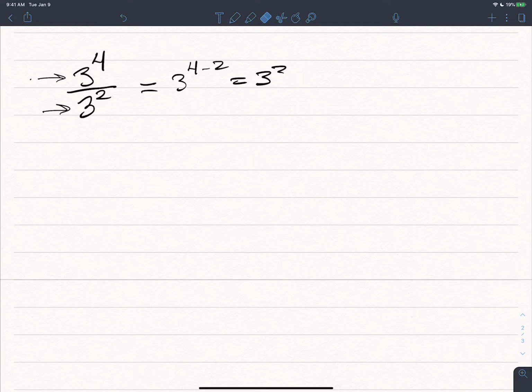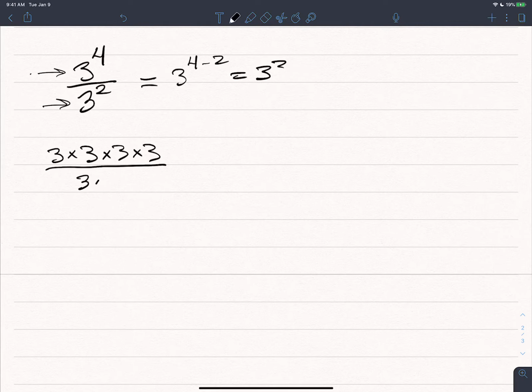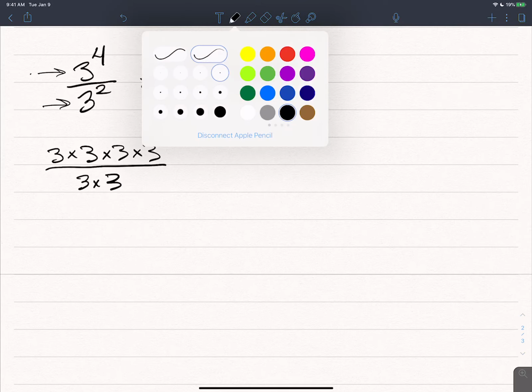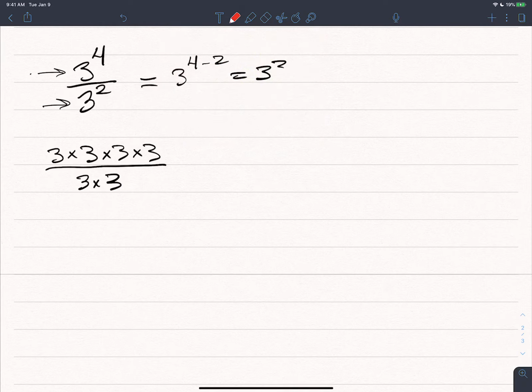Let's see if we wrote it all the way out. 3 to the 4th would be 3 times 3 times 3 times 3, divided by 3 squared, which is 3 times 3. Now it's all multiplication and division, so we can cancel.